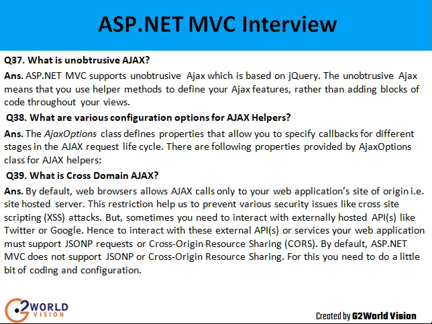Hence, to interact with these external APIs or services, your web application must support JSON-P requests or cross-origin resource sharing, CORS. By default, ASP.NET MVC does not support JSON-P or cross-origin resource sharing. For this, you need a little bit of coding and configuration.